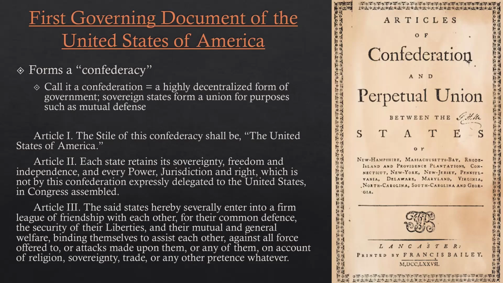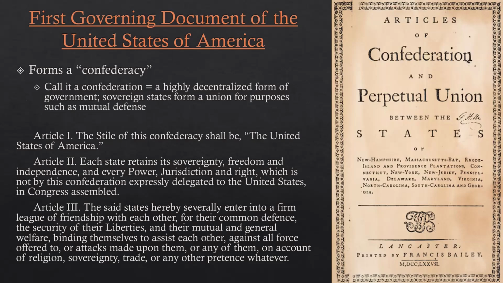Each state, there were 13, had its own constitution. Each state had its own militia. Each state had its own executive, a governor. Each state had its own legislature. Each state had its own court system. It's like 13 separate nations living in North America close to one another who agree to work together. And that's about it.